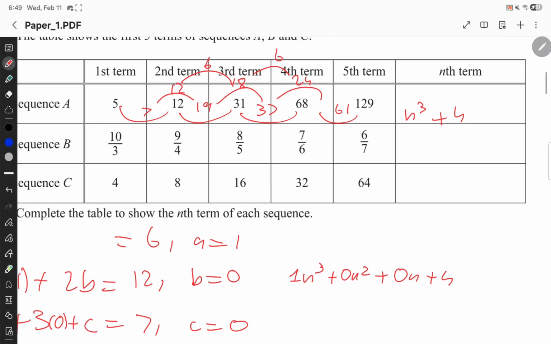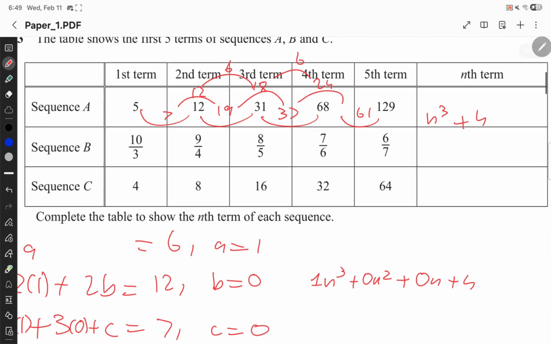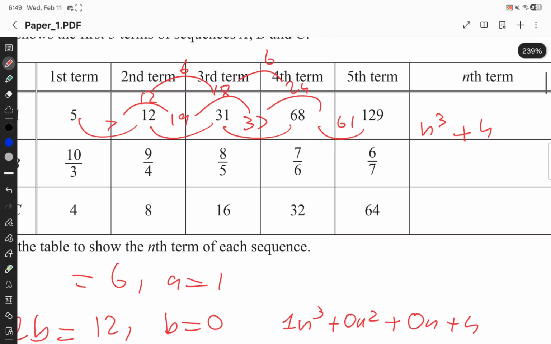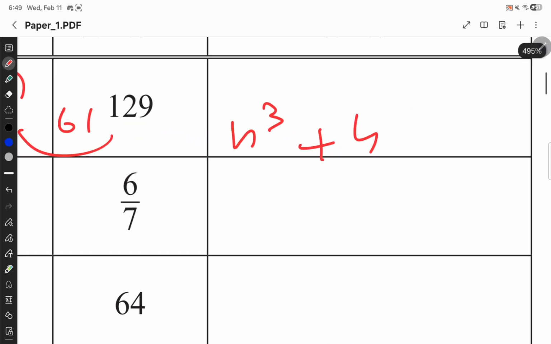I know, very brutal. Okay, next we want to find the second sequence. So 10 over 3, 9 over 4, 8 over 5, 7 over 6, 6 over 7. I don't want to say this, please. Okay, so the first term, we can see it starts from 10 and keeps decrementing, so this is 10 minus (n minus 1), which is 11 minus n.